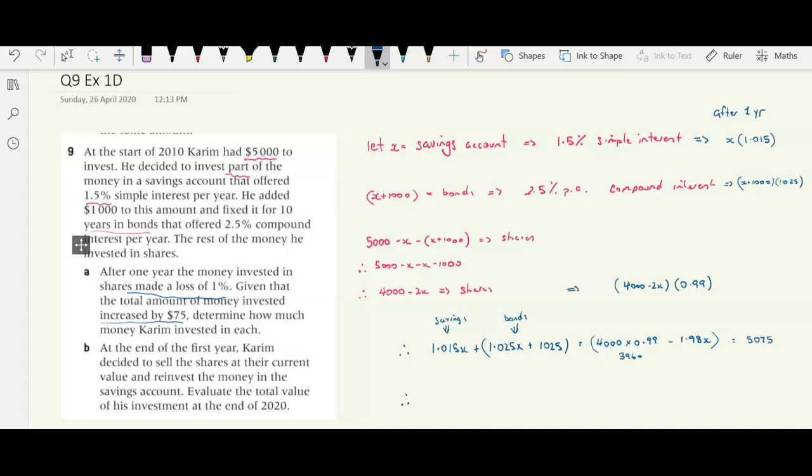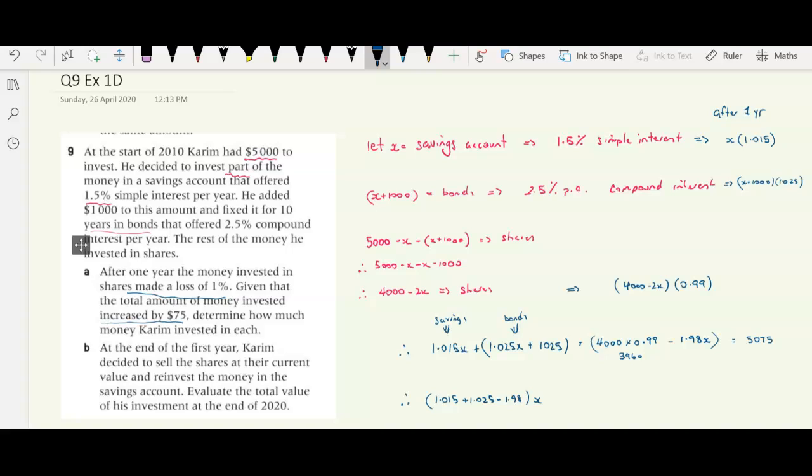So we've got 1.015x, we're adding 1.025x, and then we're subtracting 1.98x. So we've got 1.015 plus 1.025 minus 1.98. Right, that's all my x's collected.